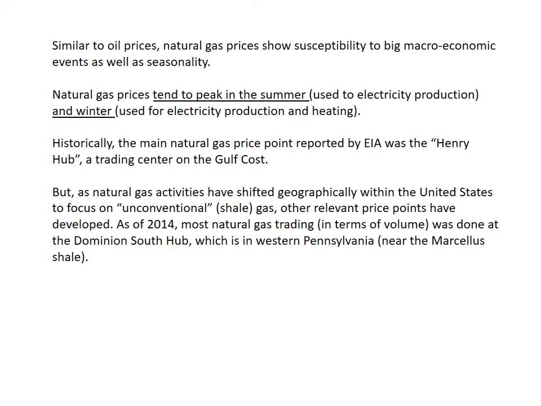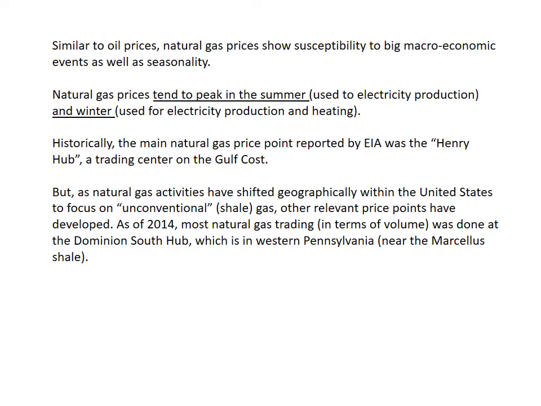But what's worth noting is that because of the growth in fracking, the unconventional extraction technique, the production of natural gas, and in some cases the refining of natural gas, has shifted to other geographical areas away from the Gulf Coast towards Appalachia, even in western Pennsylvania.